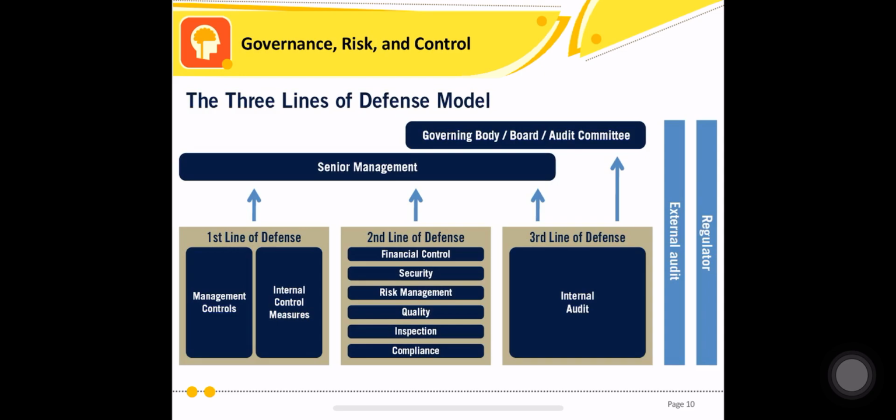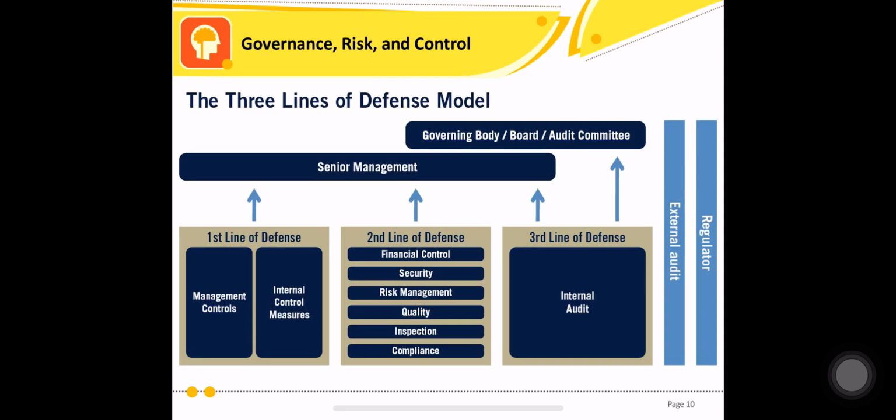Just a reminder again of the three lines of defense model. We have understanding governance, as you can see on the governing body on the top, which is again, we are part of the governance. We have also understanding risk management, which is on the second line of defense. So we have really understood yung second line and the third line of defense.